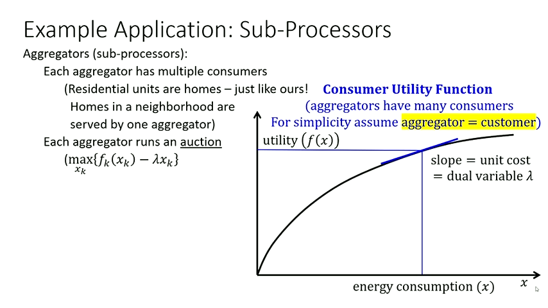On the x-axis we have the amount of energy consumed, and on the y-axis you have f of x, which is how much utility you benefit. For instance, well, we don't have any of the lights turned on. It's all dark, but that's because I'm using the projector.